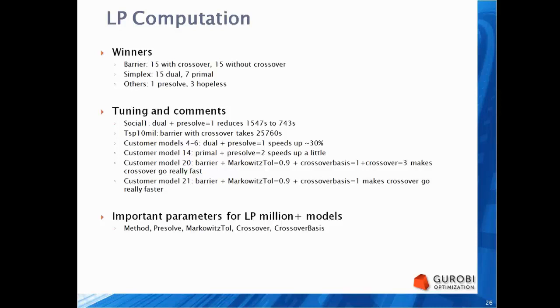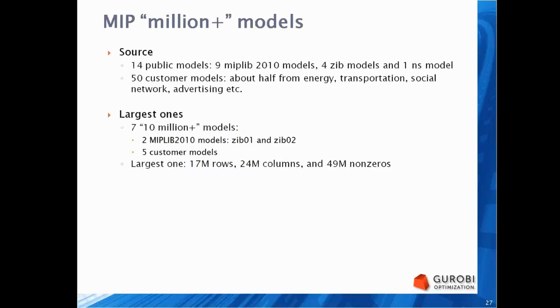Now let's talk about MIP million-plus models. For the sources, we have fewer public models, only 9 from MIPLIB 2010, and 1 is a NEOS server model. I think most of these models have real applications.